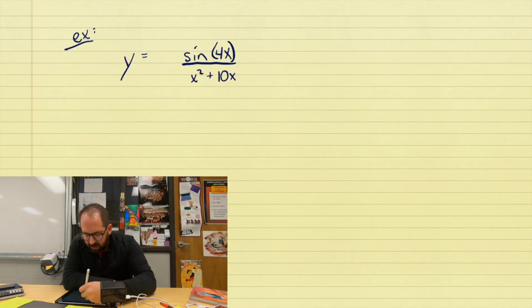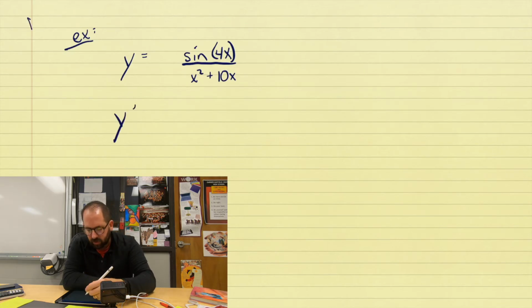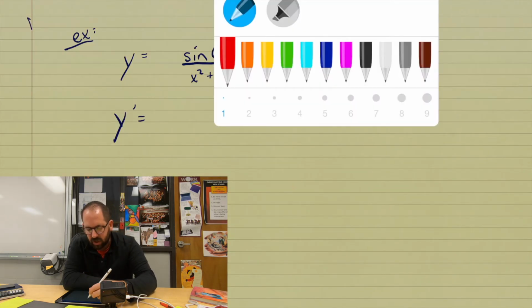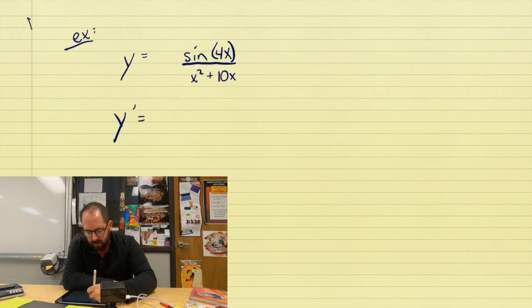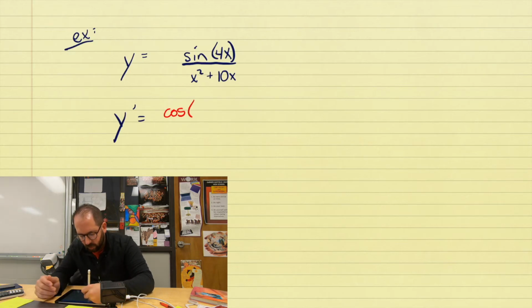So this is a quotient rule. If I take the first derivative, the derivative of the top is going to be chain rule. So derivative of the numerator: the derivative of sine is just cosine. It's not negative, it's just cosine of 4x. But then we have to take it times the derivative on the inside of that. The derivative of the 4x is just 4.